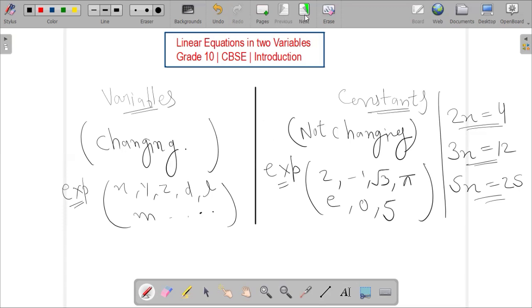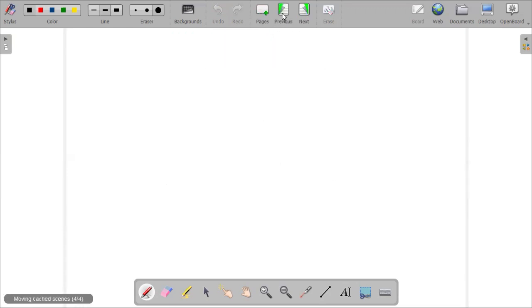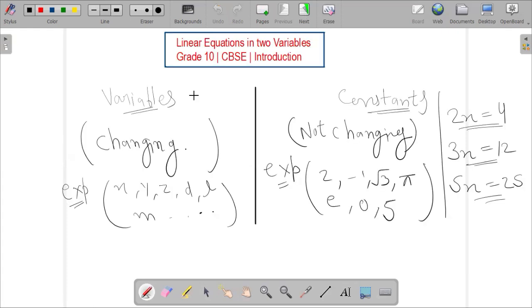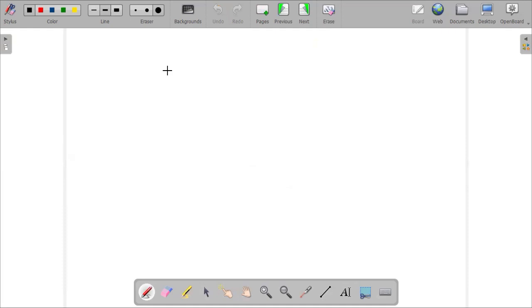Let me move to the next page. So what I'm saying is, we have some constants and we have some variables. Let me mix them and make something. I take 2 and one variable x, plus 5 and y here, and I place equals to, for example, 10.